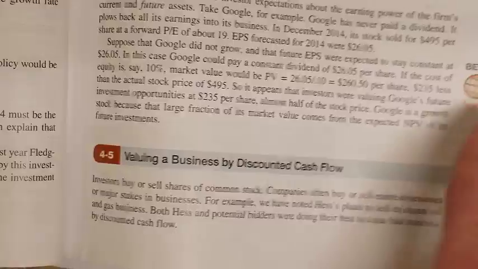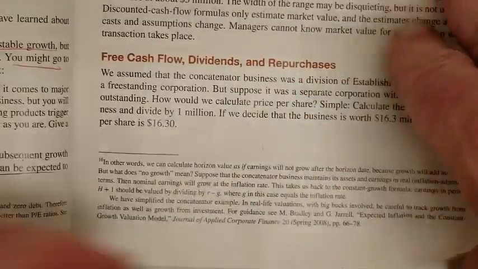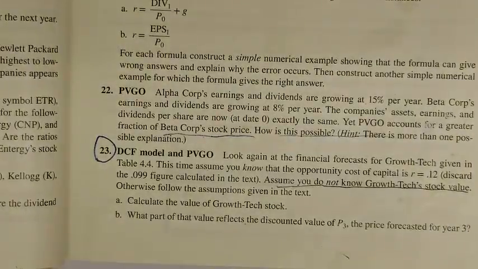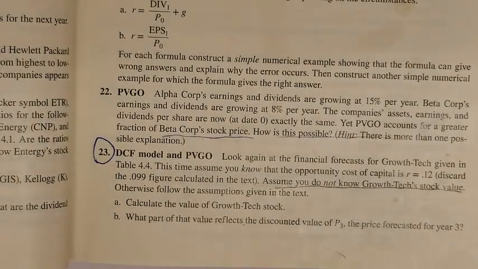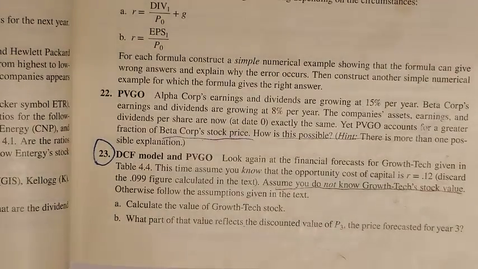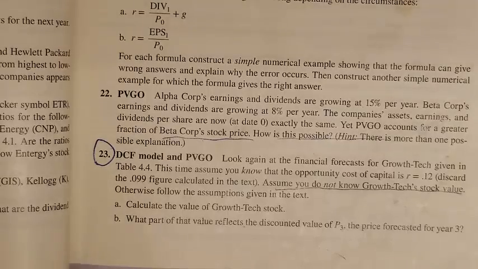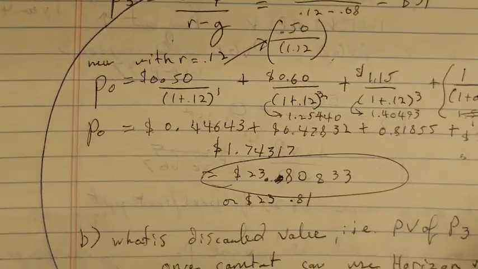Basically, let's go back to this, and this would be number 23. So it says calculate the value of the Growth Tech stock. All right. So in this case, I made a little timeline.